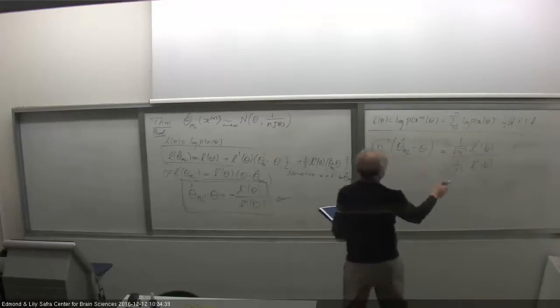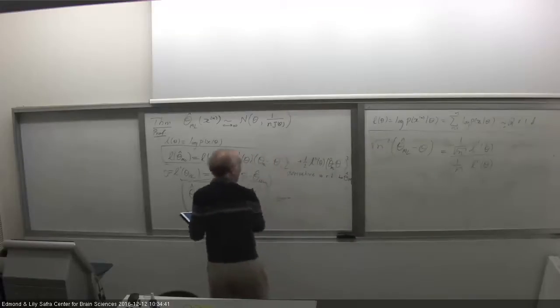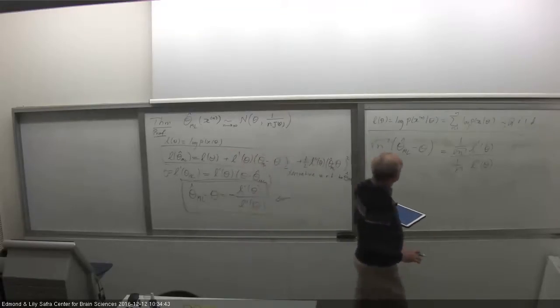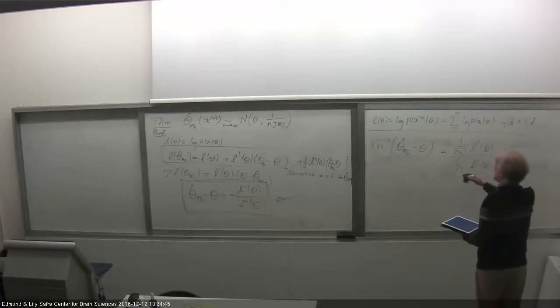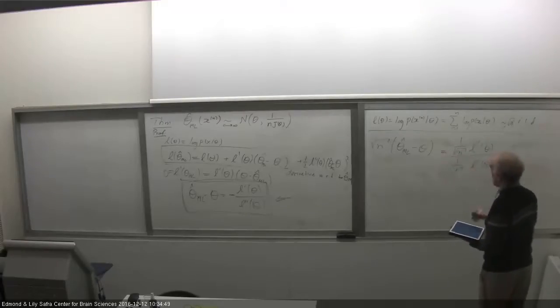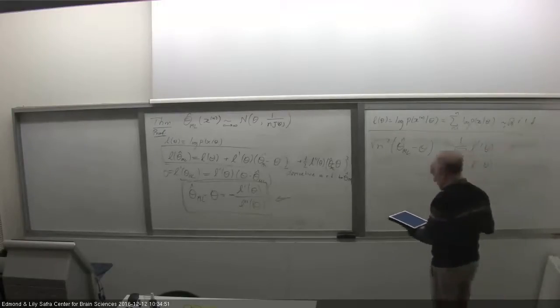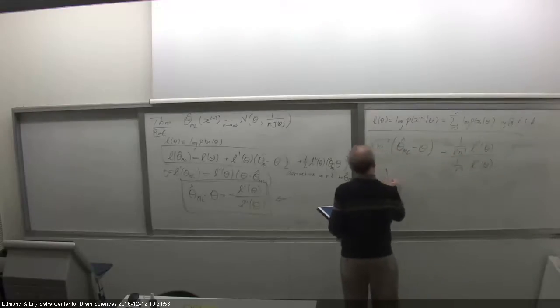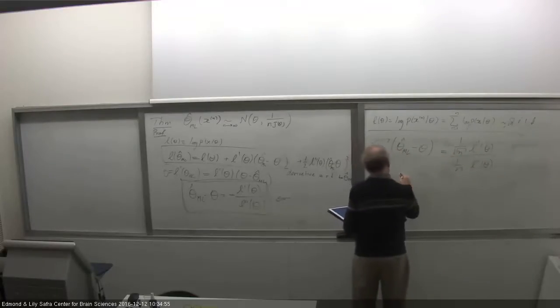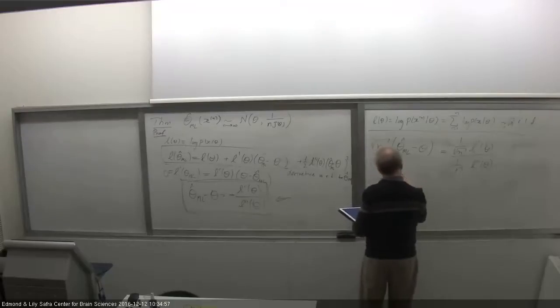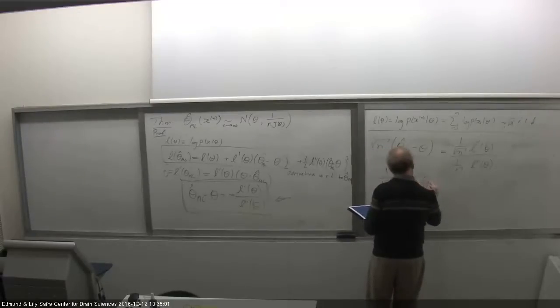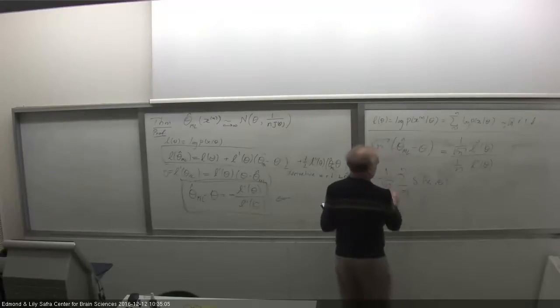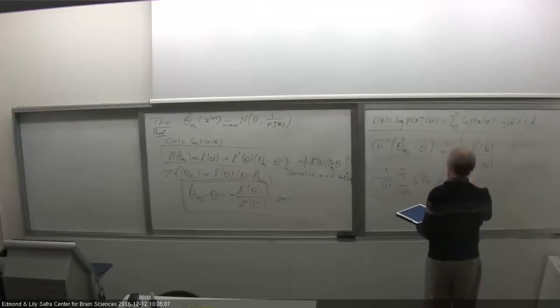This is the same as this. Now I know that this is going to, the square root of n like this, of these sums of independent variables. So 1 over square root of n, this sum of the score at x_i and theta, which is exactly what I wrote here.